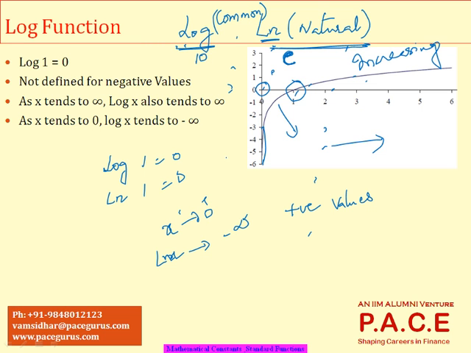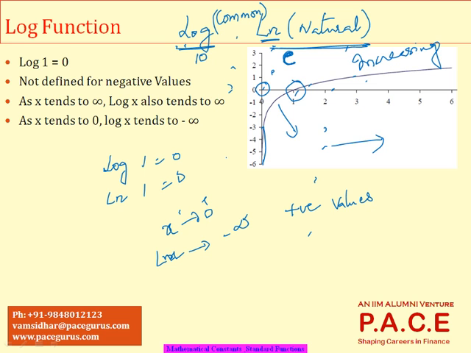Fair enough. So when someone gives you 4 different graphs as multiple choice answers and asks you to select which one represents what, I suggest that you immediately substitute a few values. Let's say 1, 2. From 1 to 2, if the value is increasing, then I'll say that it's an increasing function.